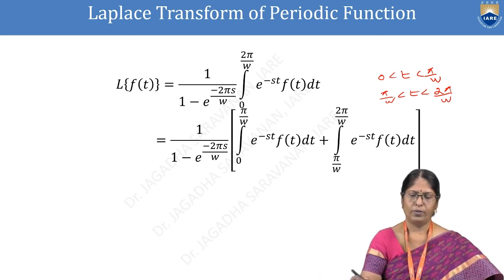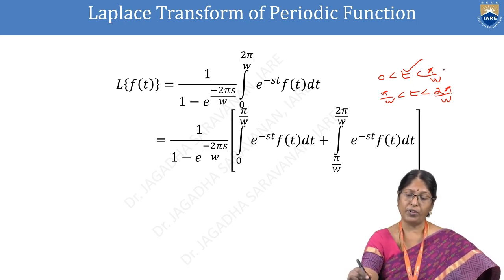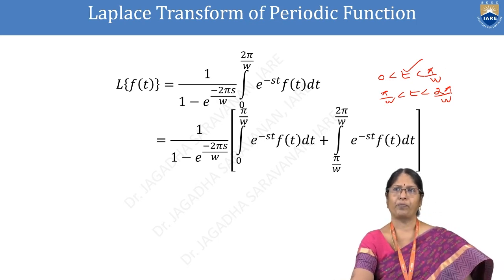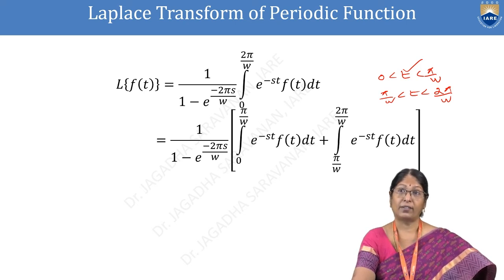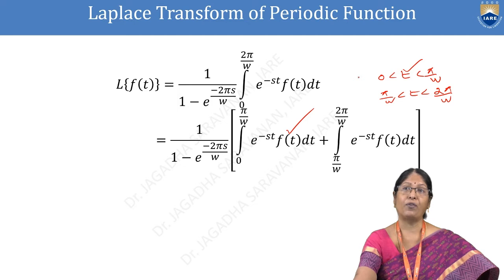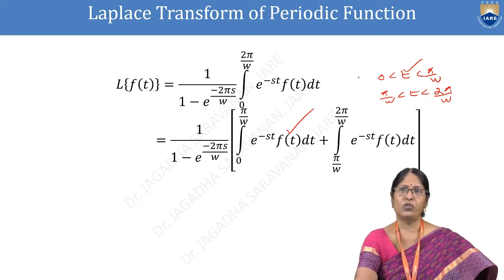So now, when t lies between 0 to pi by w, it is the sine function. That is, f of t is taking the position of sine.